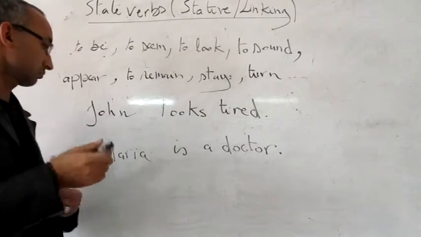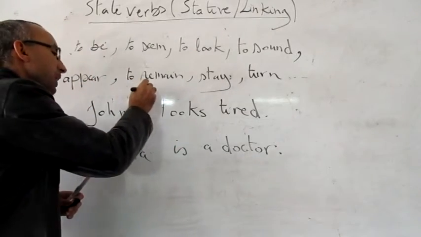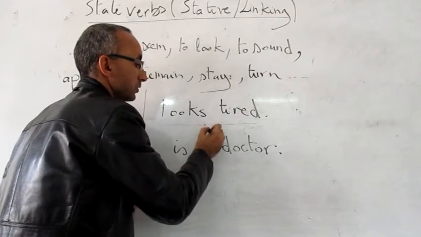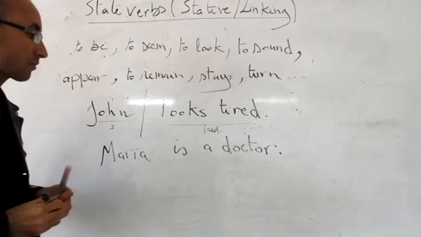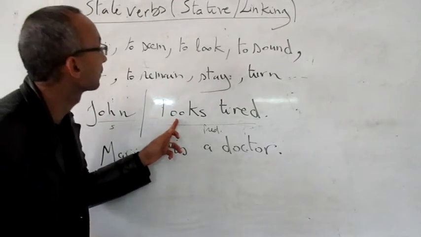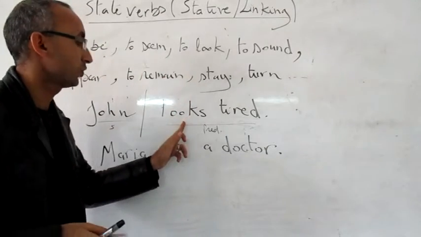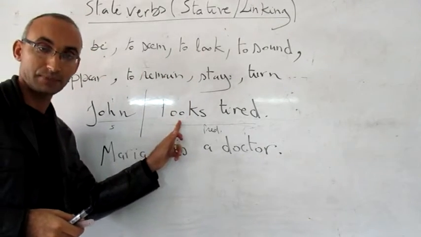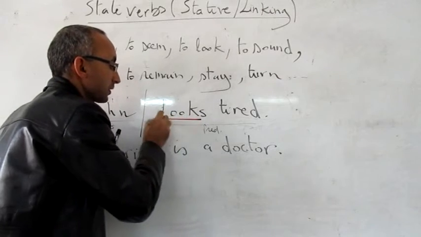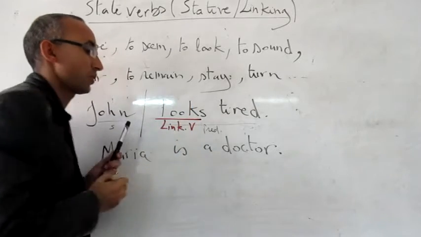Now here, always, I divide my sentence into its two major parts. The subject and the predicate. Look at the verb here. It is looks. So, is it here in the list of linking verbs? Oh yes, to look. Looks. So, look here is what? A linking or state verb.